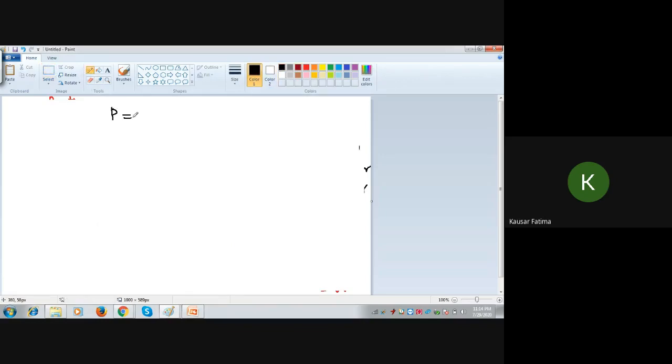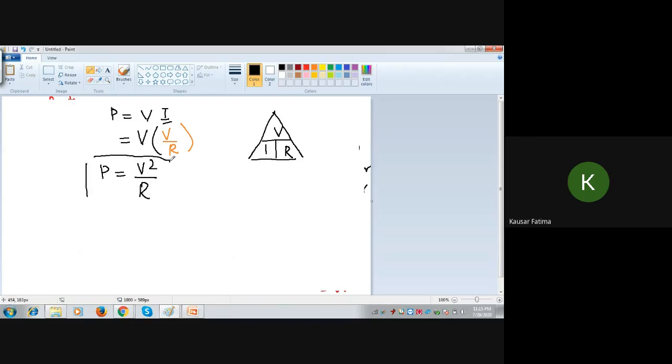See, P is equal to V into I, and you remember Ohm's law, V is equal to I R and I is equal to V over R. In place of I we can write V over R. So your formula of power now becomes P is equal to V square divided by R. So this is one more formula of power.